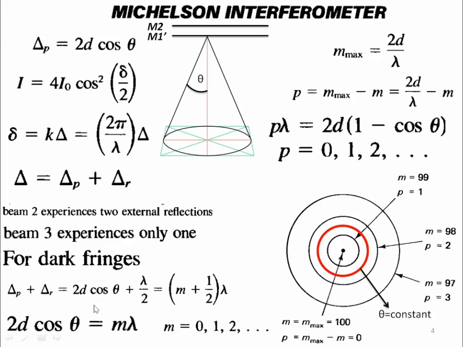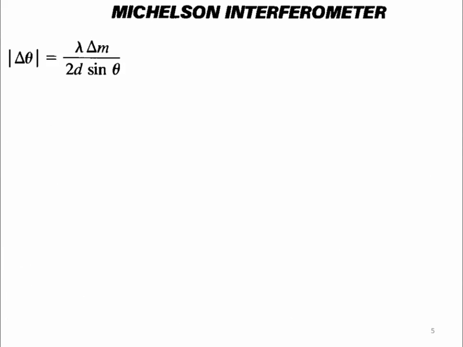So, suppose we are observing here at a particular angle theta. By changing this d, we can count how many fringes cross for a particular change in d. We will see this in the applications. There's another way of looking at it.